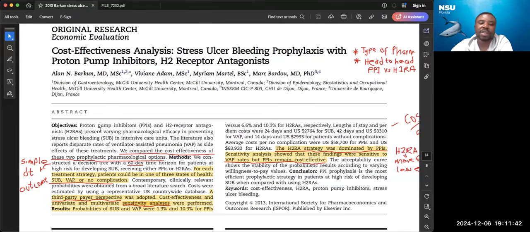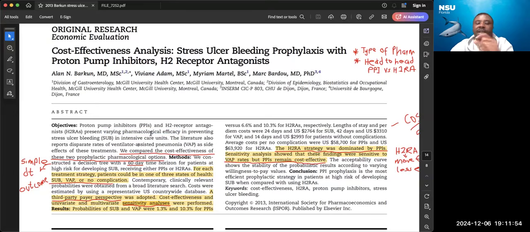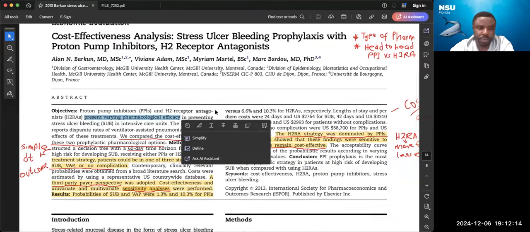For example, they said PPIs and H2 arrays present varying pharmacological efficacy. Based on this, you will know the study is cost effectiveness analysis, because if it were cost minimization, we would expect the pharmacological efficacy to be the same. But here they said it's different. So we are looking at cost effectiveness analysis.